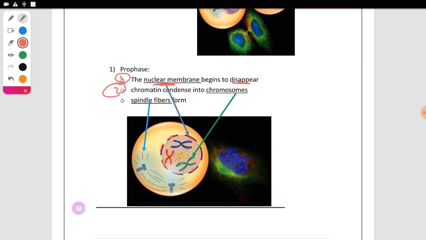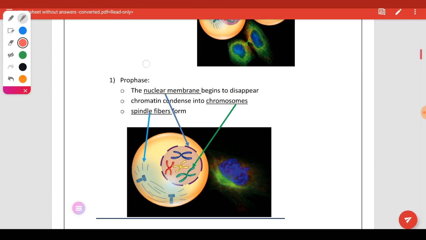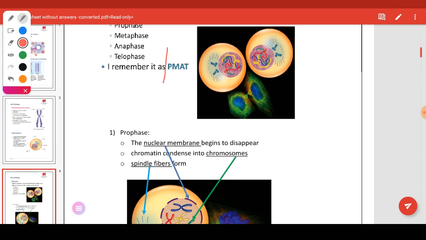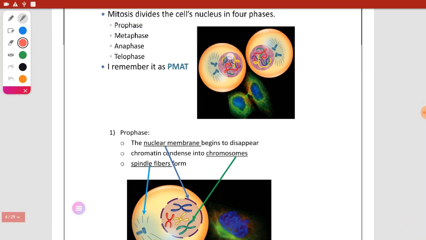The second thing, the chromatin condenses into chromosomes. Can you see this X shape? They are chromosomes. If we compare it with the cell above, the genetic material there is in a spaghetti-like shape, because this is interphase, but here it is X shape.